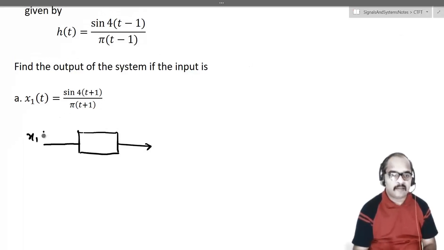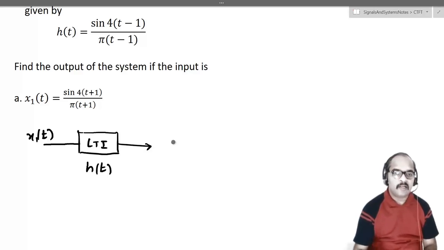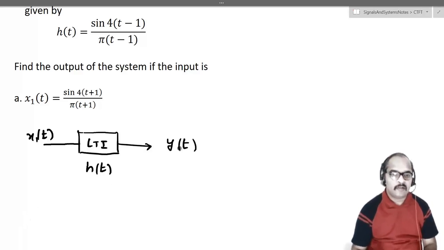Input is x1 of t, and this is an LTI system with impulse response h of t, and we are asked to find out the output y of t. Let me call it y1 of t. So definitely what is y1 of t equal to, that we'll write down here. Y1 of t would be equal to x1 of t convolved with h of t.